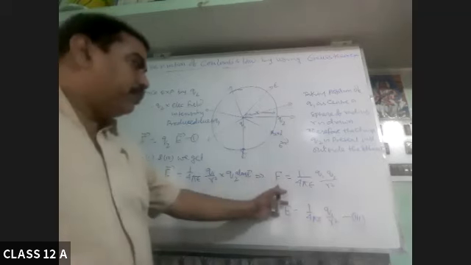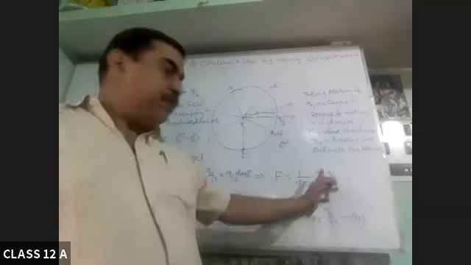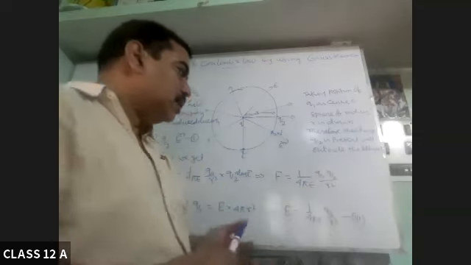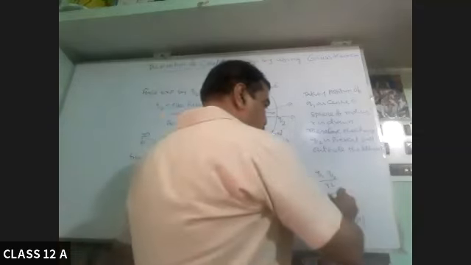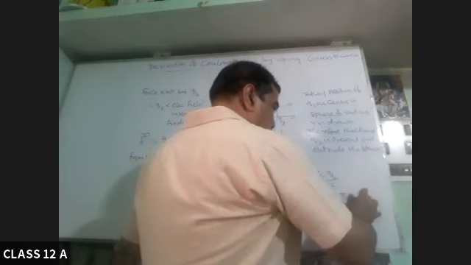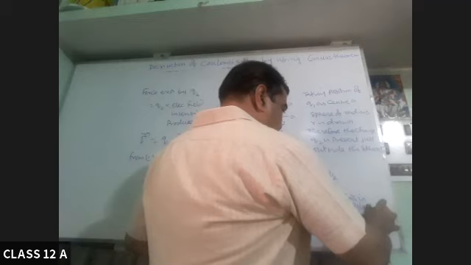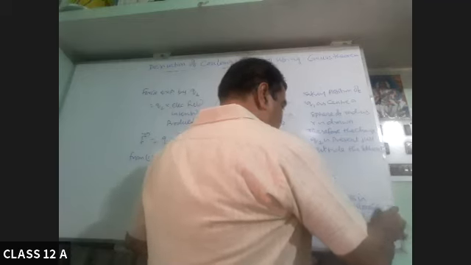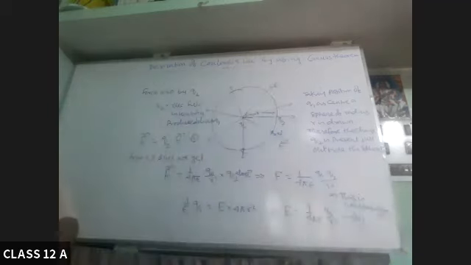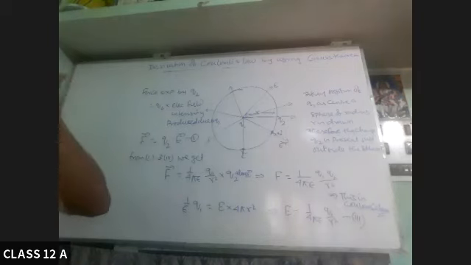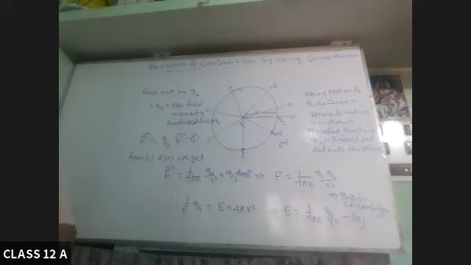So the magnitude of the force is 1 by 4 pi epsilon naught q1 q2 over r square, and this is Coulomb's law. So in this way, we have derived Coulomb's law by using Gauss theorem.